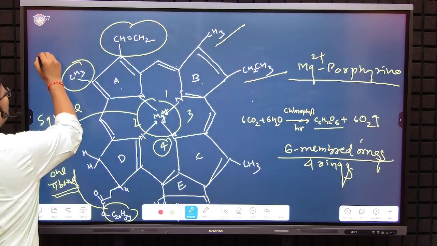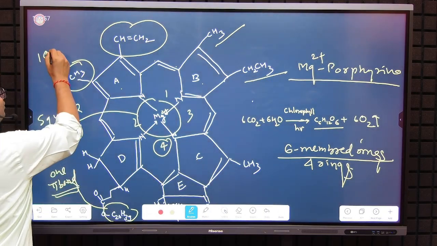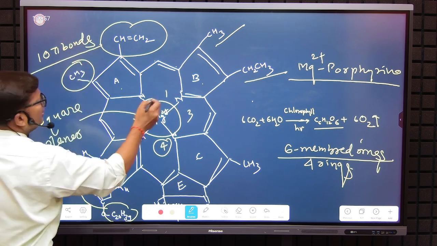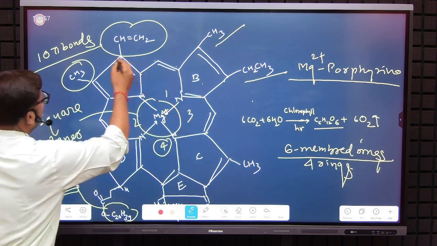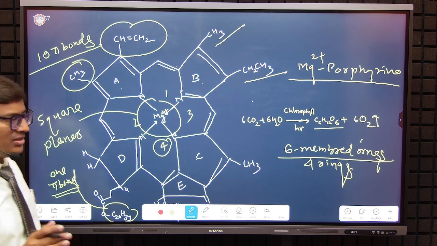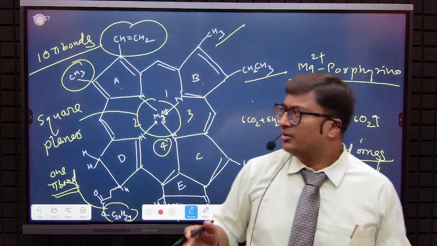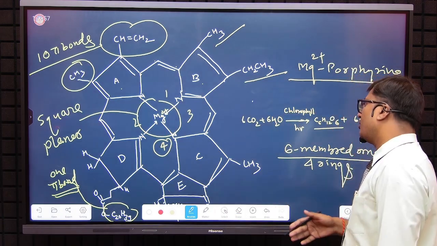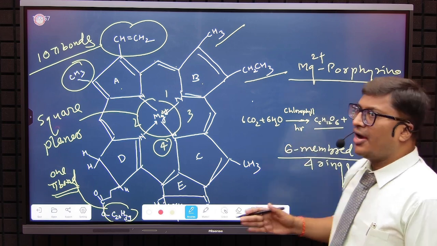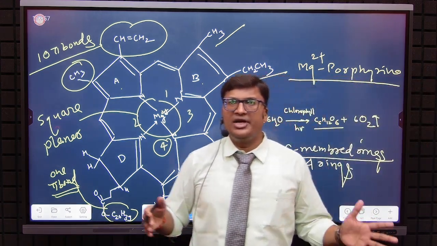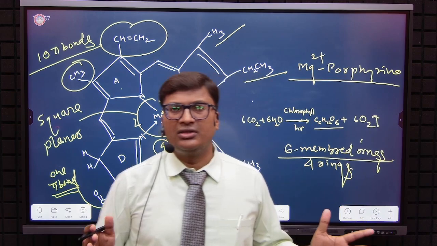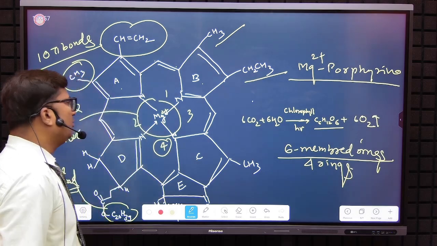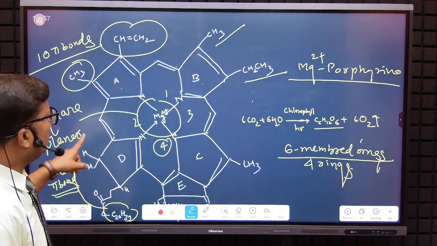Actually, chlorophyll has different structures: chlorophyll A, chlorophyll B, chlorophyll C, and chlorophyll D. Depending on the type of chlorophyll, the number of pi bonds varies, right?